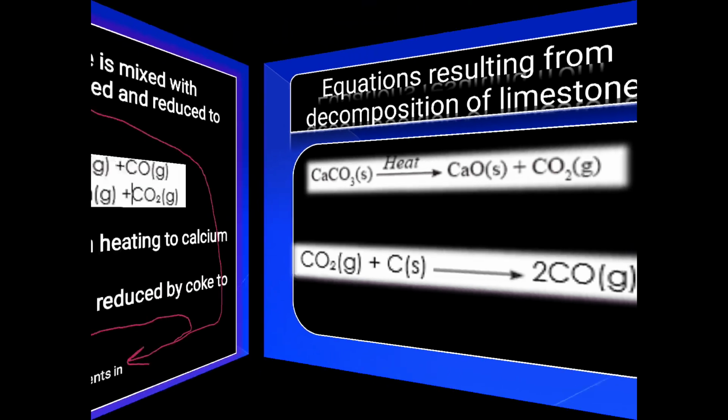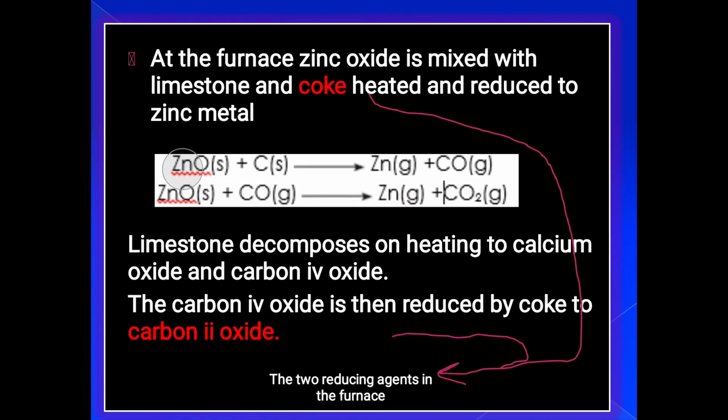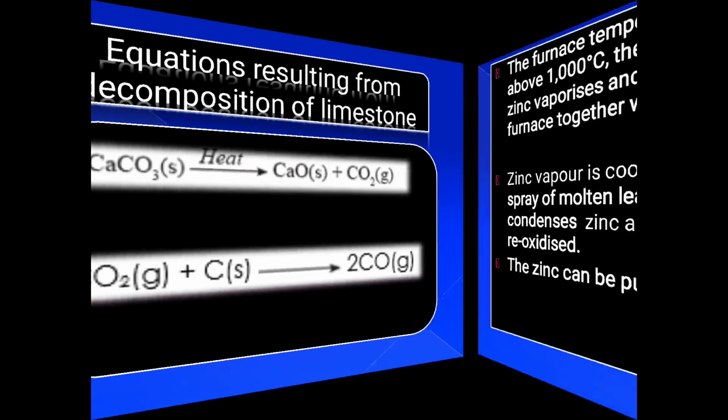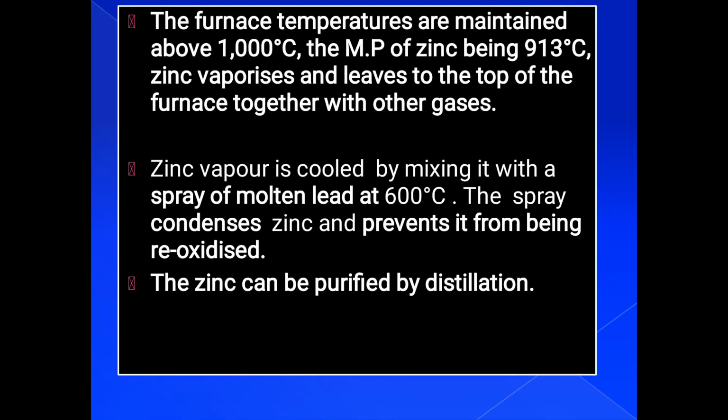It will be to reduce the zinc oxide to zinc metal with formation of carbon IV oxide. And we need to know that the furnace temperatures are maintained above 1000 degrees Celsius because the boiling point of zinc is a bit lower, which is 913 degrees Celsius.